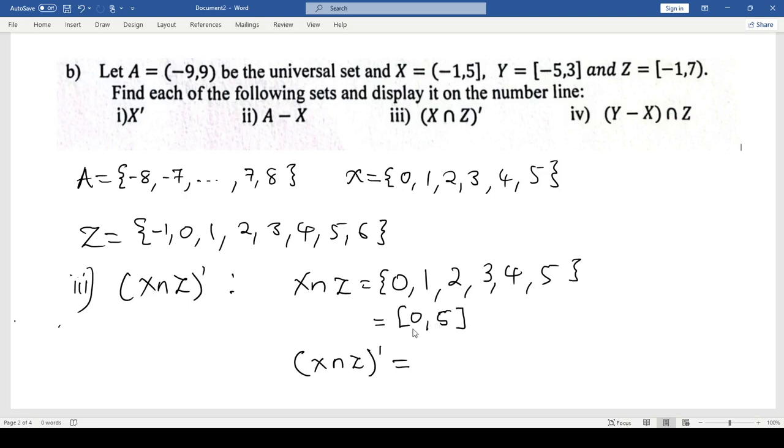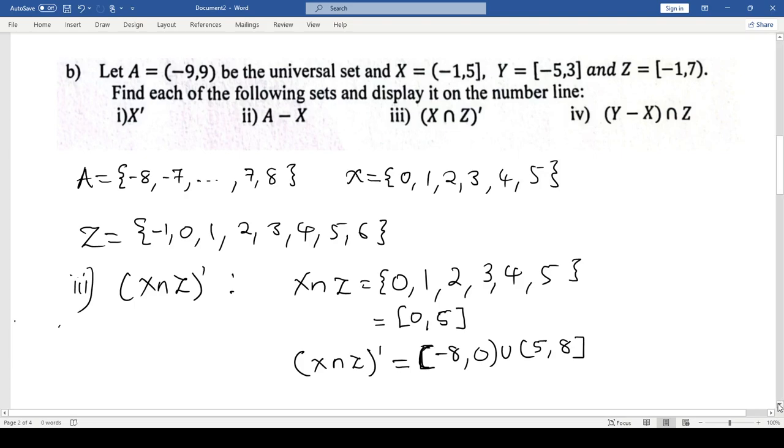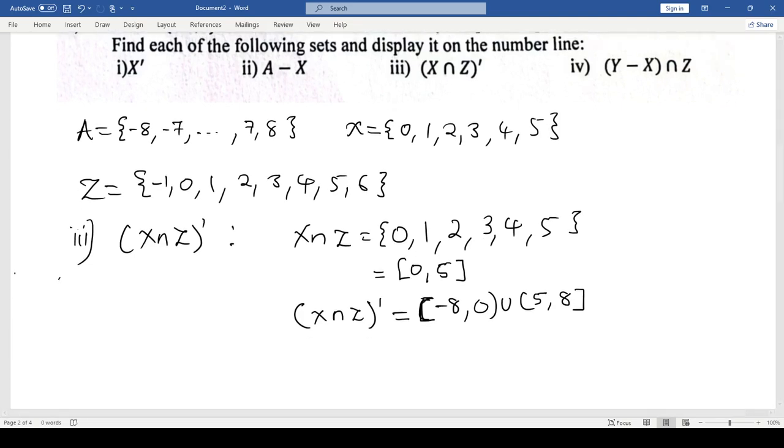So here you'll notice that we're going to have -8 included here, and 0 won't be included. Union, we have 5 is not included, and 8 here is included.